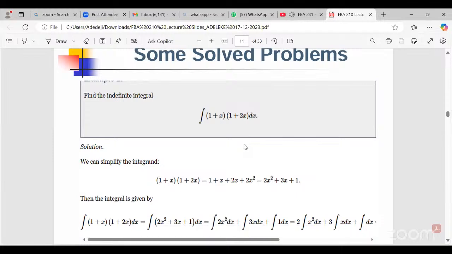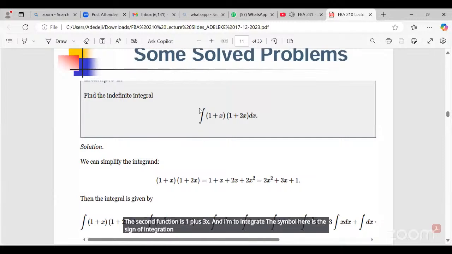So I said I have two functions. The first function is 1 plus x. The second function is 1 plus 2x. And I'm to integrate. The symbol here is the sign of integration. So I'm to integrate the product of two functions with respect to x.